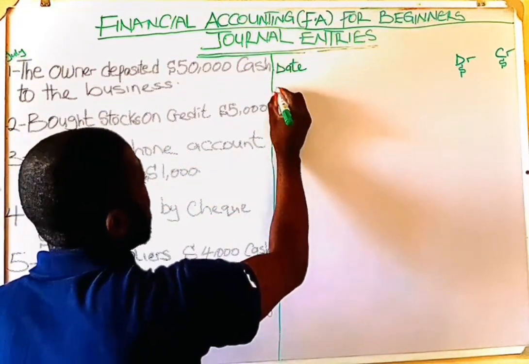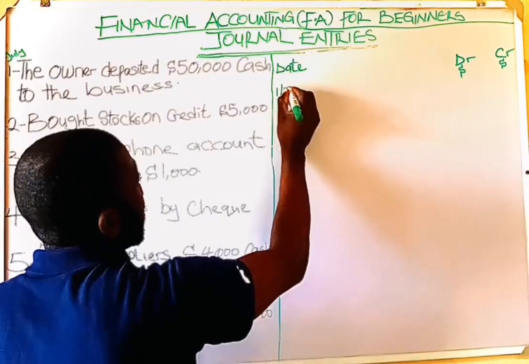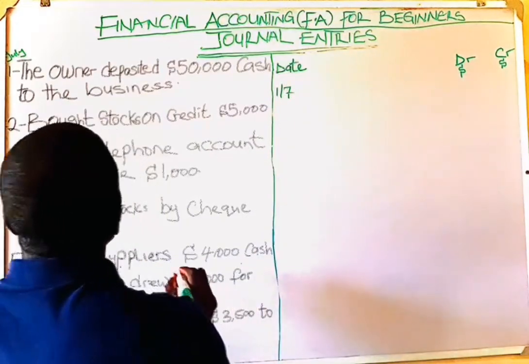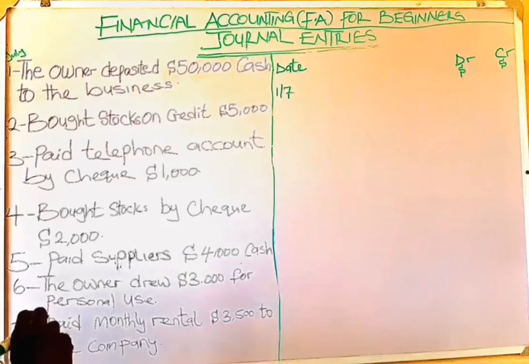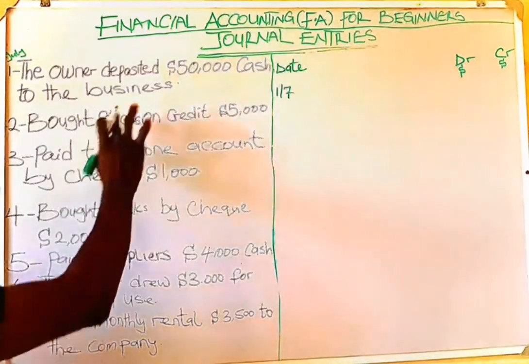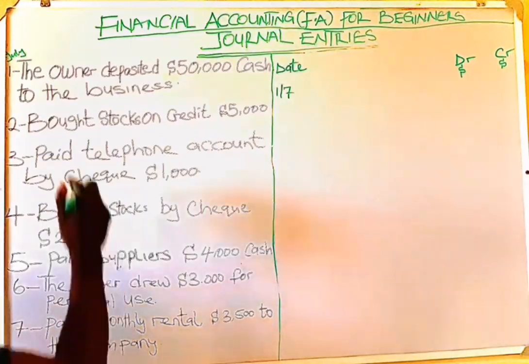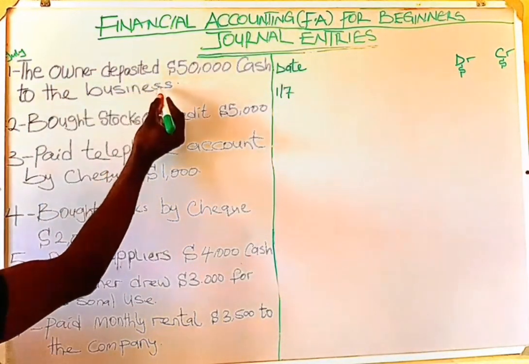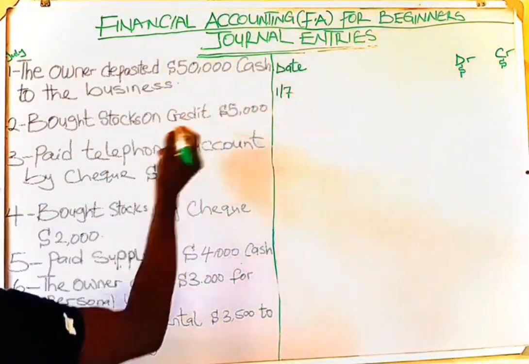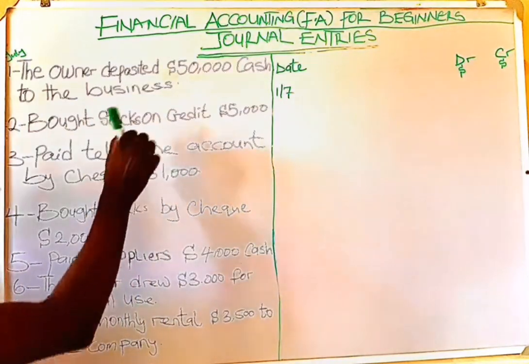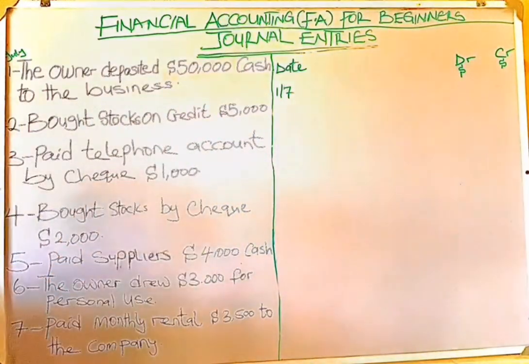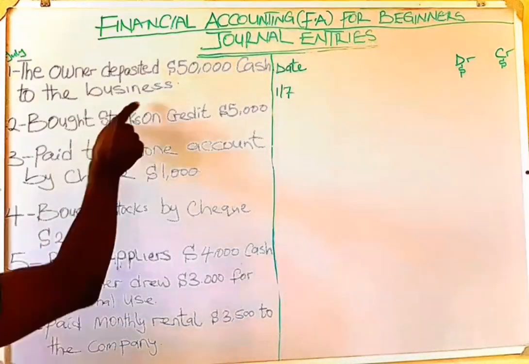Now this is day 1, the 1st of July. Let's identify our accounts. We did that in our last video, but let's do it again for those who are just joining the class. The owner deposited $50,000 cash to the business. The double entry principle is going to be applied here.